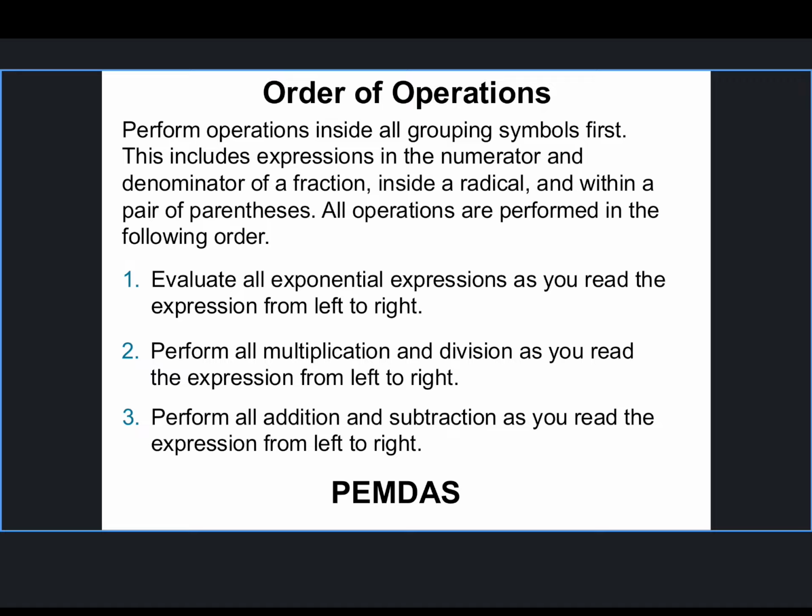Now, what if I have division that comes first? Do I do multiplication first or do I do the division? I would do the division first because we do it from left to right. If division comes first, you do the division. If multiplication comes first, you do the multiplication.